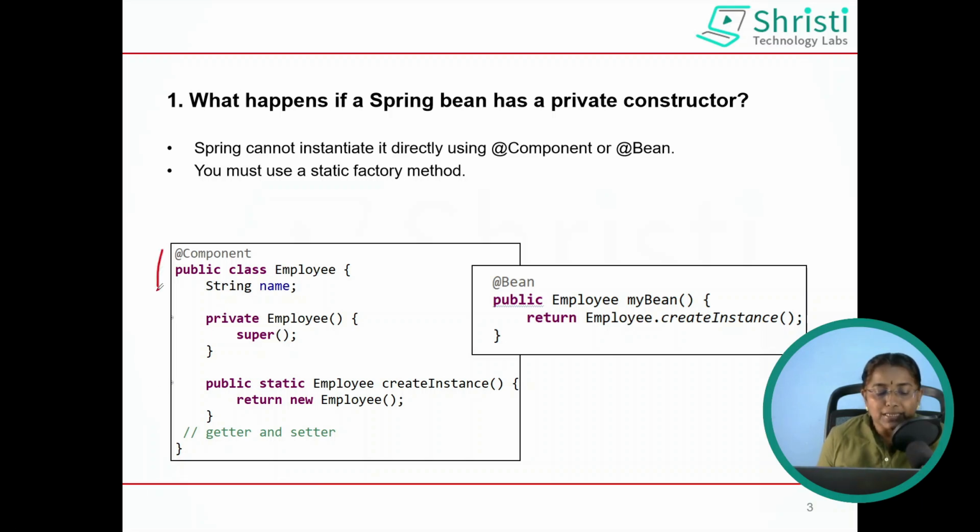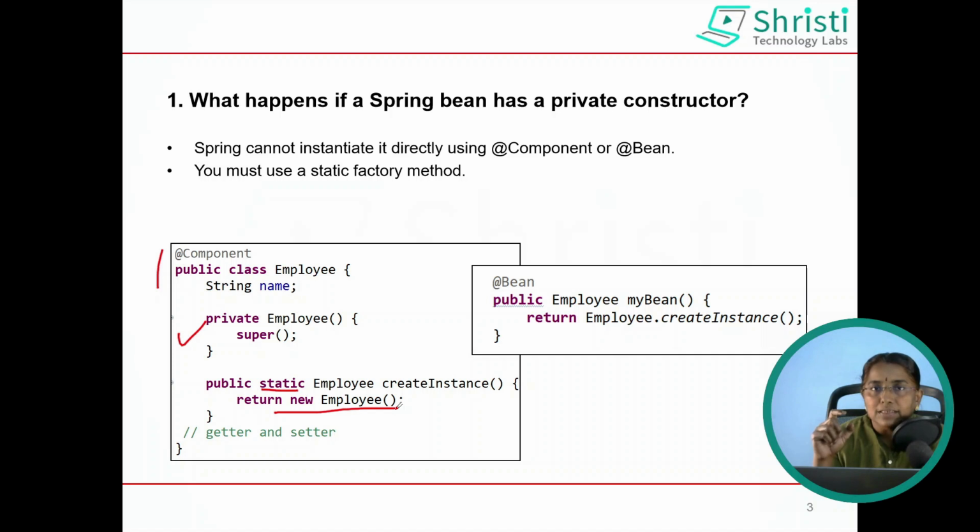This is an Employee class which is annotated with @Component. It has a private constructor. So it is mandatory that you create a static factory method which returns an object of that class. Together with that, you should create a class that is annotated with @Configuration. You need to add one bean definition which returns an object of the class.